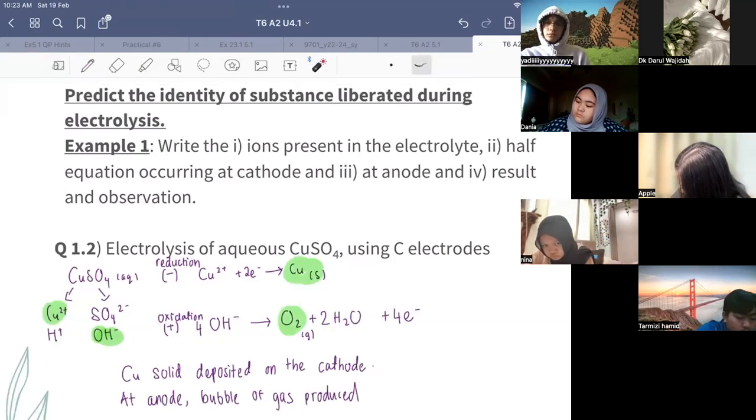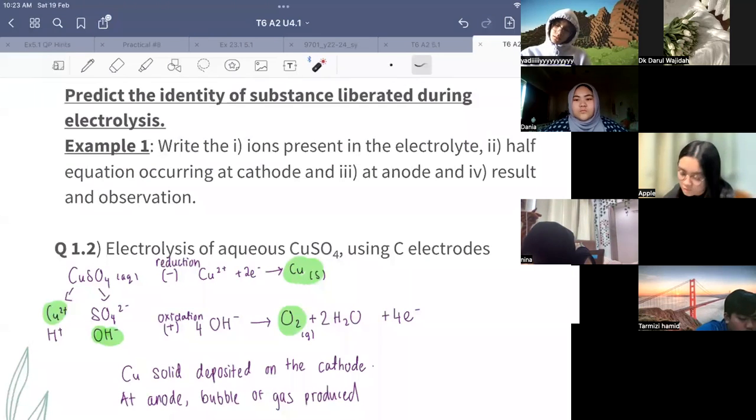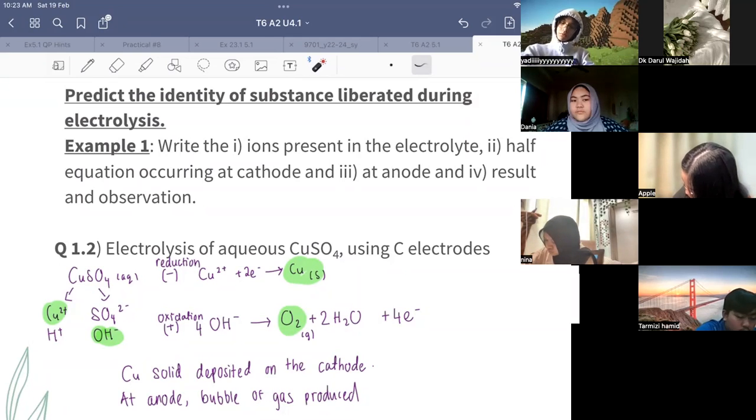So usually the observation applies to the elements being produced. Since copper is solid, you would expect the electrode to have some copper coating around it. You understand the word deposit, right? It means that the electrode is being coated with copper.